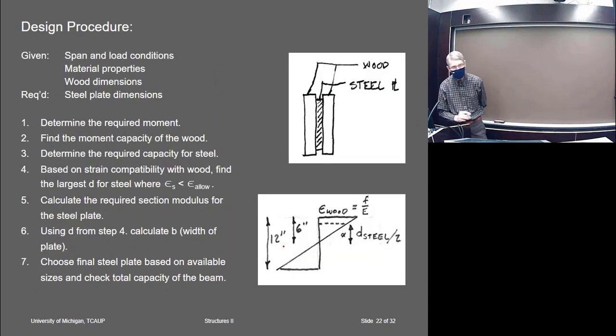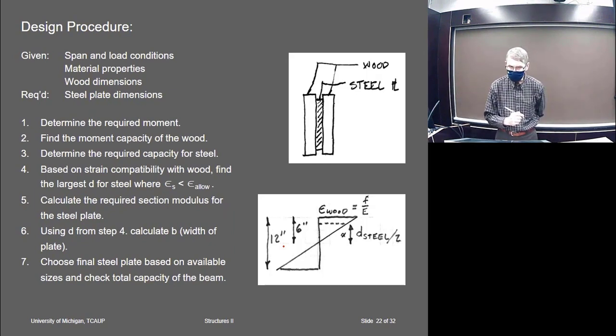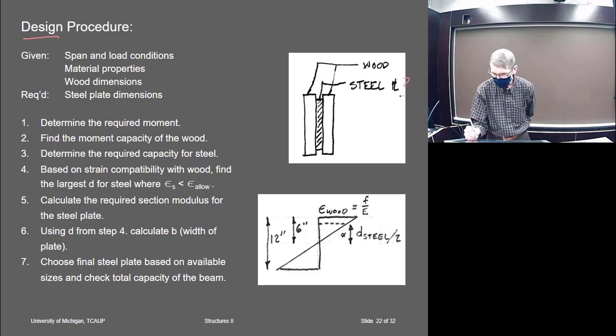Okay, so one more problem with these. This would be a design procedure to calculate a flitch beam. And what you'd normally be looking for is how much steel to put in there. I mean, you could do it either way. Design is always a bit of an iterative process, right?